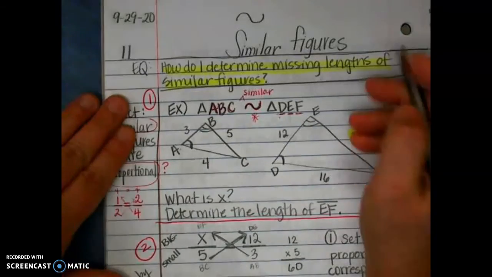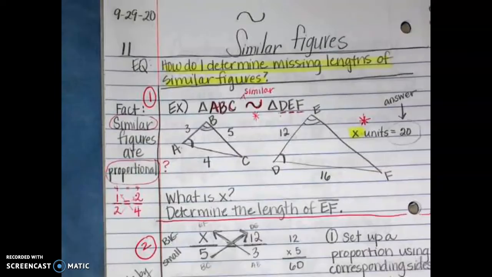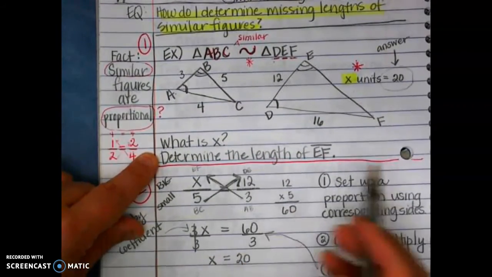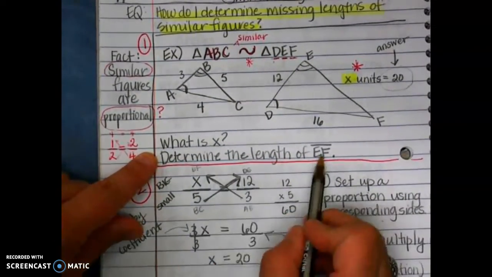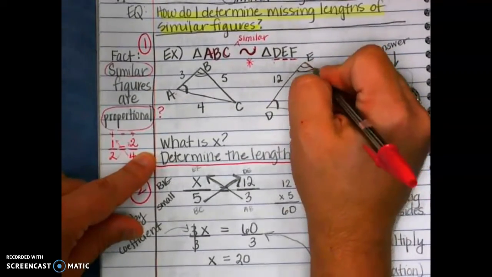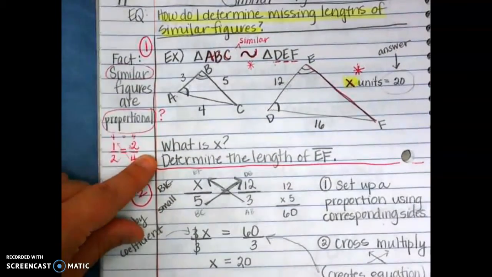I'm going to recognize that this is probably going to be important. I have to find my X. It says to determine the length of DE. I'm sorry, EF, which is this side right here, which is the X.